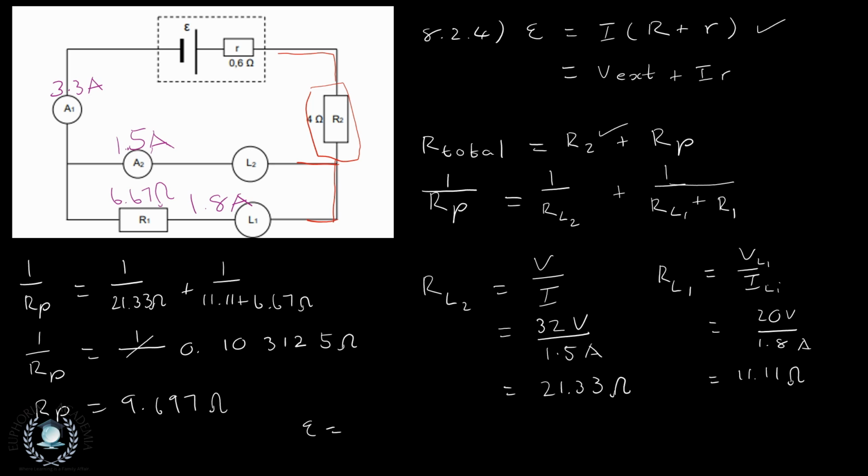We found that that was 3.3, and that will be multiplied to our Rp plus our resistor in series, sorry, so that will be 4 ohms plus 9.697 ohms, and that will also be added to our internal resistance of 0.6 ohms, and we will find that our EMF of the battery is going to be equal to 3.3 multiplied by 4 plus 9.697 plus 0.6.